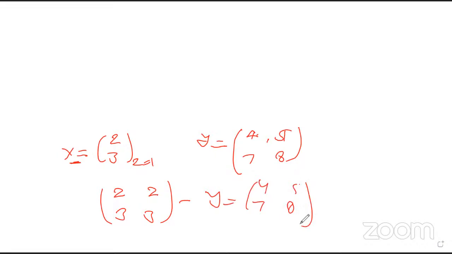When will it not happen? Sometimes you'll have to expand the dimensions, right? So let's say x is of 2 cross 3, and y is of the shape 3 cross 2. So let's say 4 comma 5, 7 comma 8, and some other row 9 comma 2. Now can x be expanded? Now check it in the file.